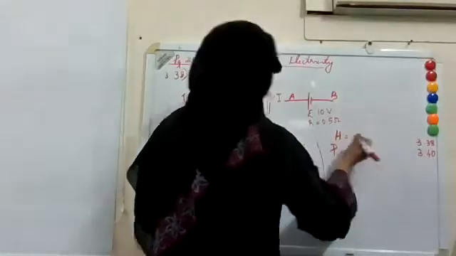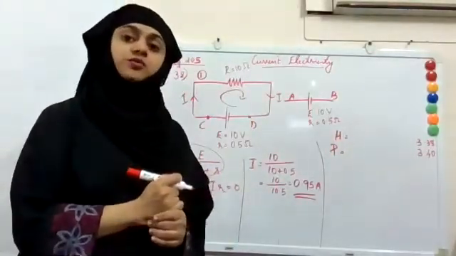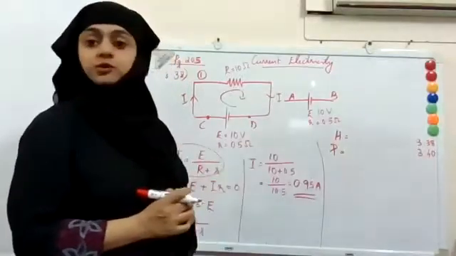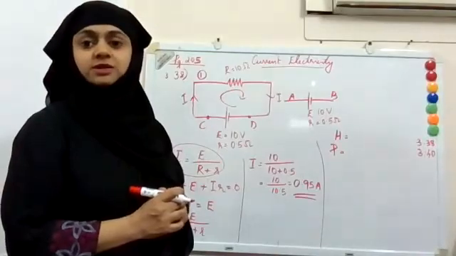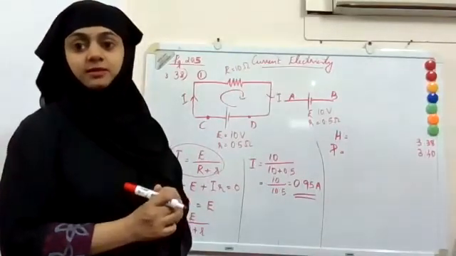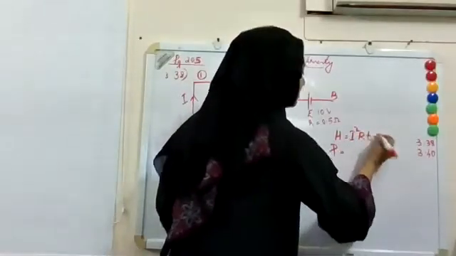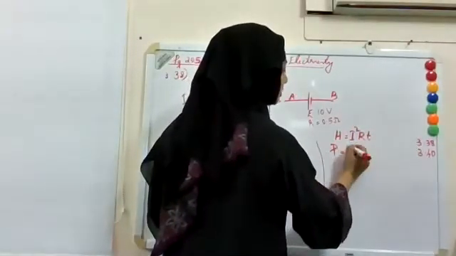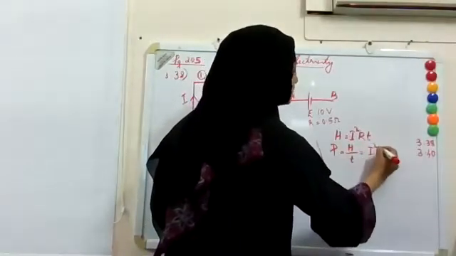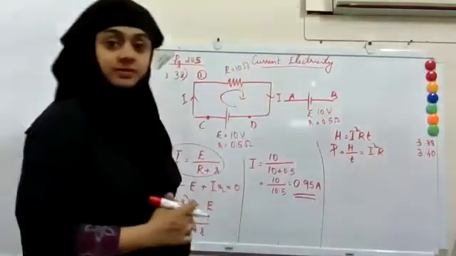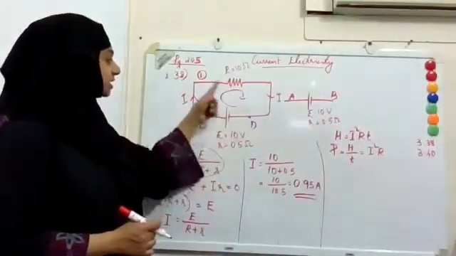When current I is flowing through a resistance R, H is equal to, you have learned Joule's heating effect, I square R T. So power is equal to H by T, right? So this is equal to I square R. So we know the current I and also we know the resistance.